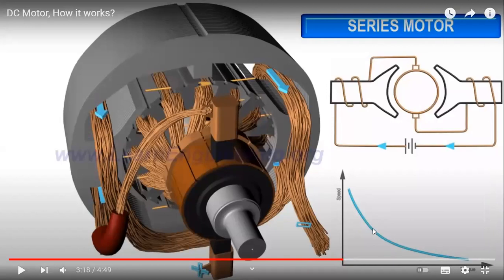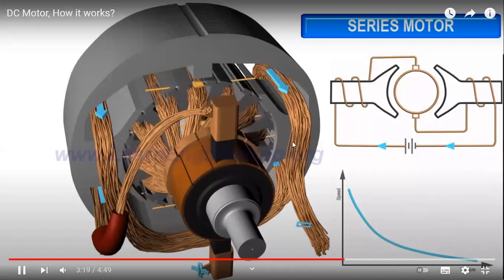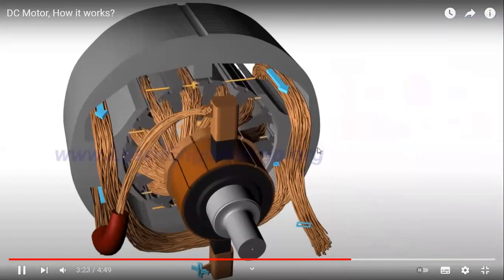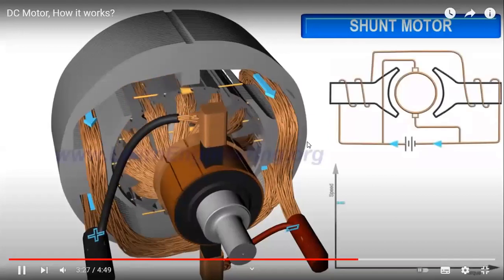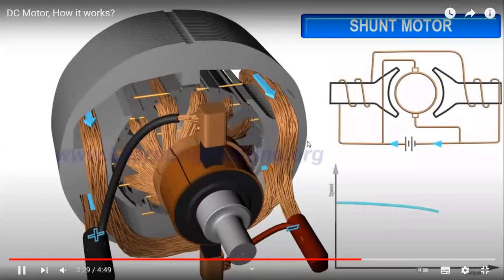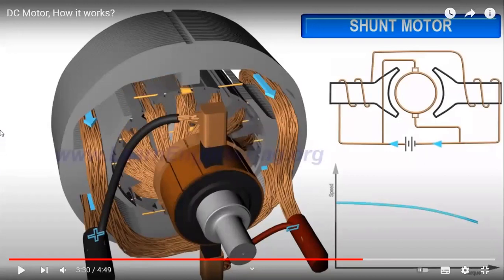This is the very negative part of this DC series motor. The problem is that the DC series motor can't have a constant speed.